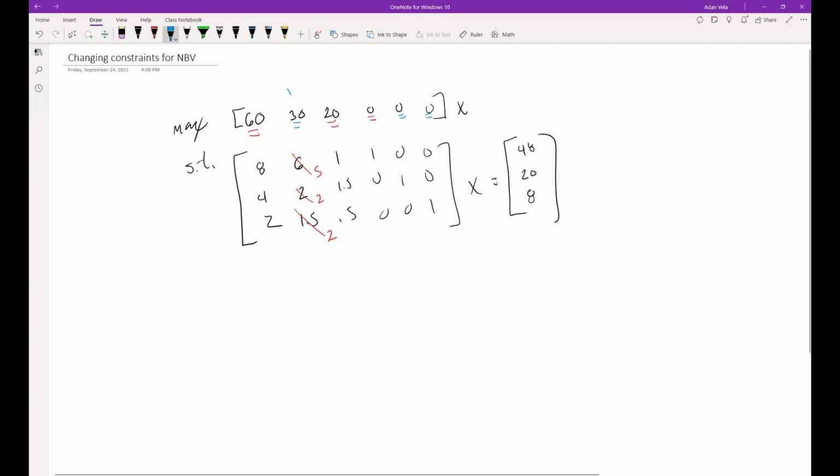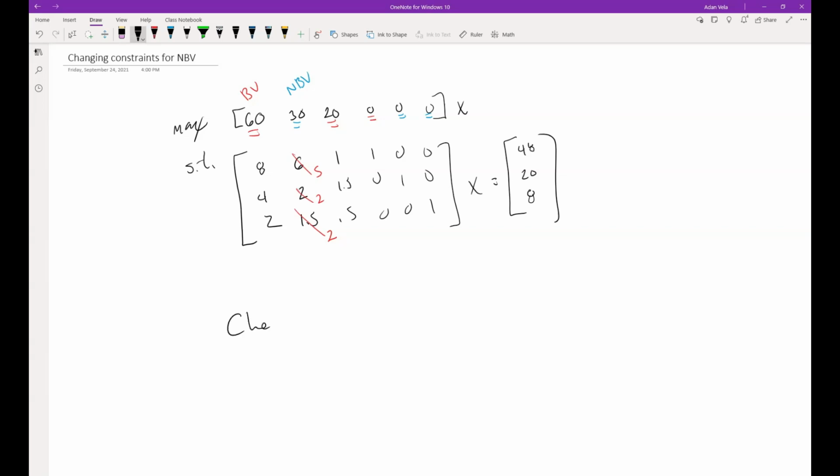So the question is, if I change the A matrix for just one of the non-basic variables, all the coefficients, is there a change in my optimal basic variables?